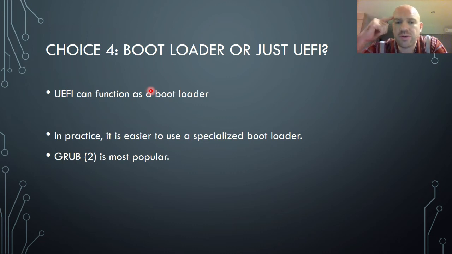So in practice, it's easier to just put a bootloader on the computer and then use the bootloader to select the kernel. And that way, if something goes wrong when I compile it, I can just go back to the previous one.